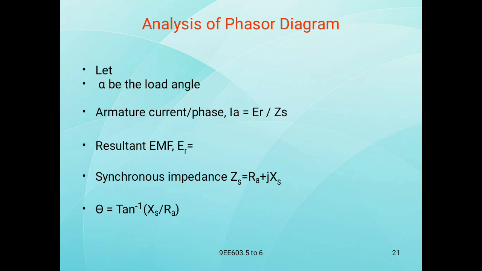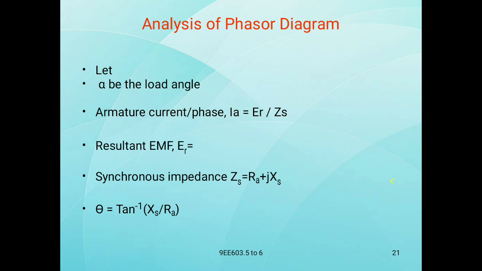Now the analysis of the phasor diagram. Let alpha be the load angle. The armature current is IA, equal to ER by ZS, where ER is the resultant EMF and the synchronous impedance is ZS, equal to RA plus jXS.